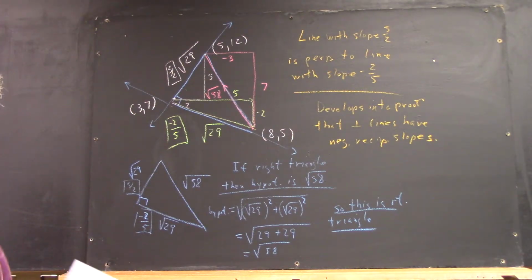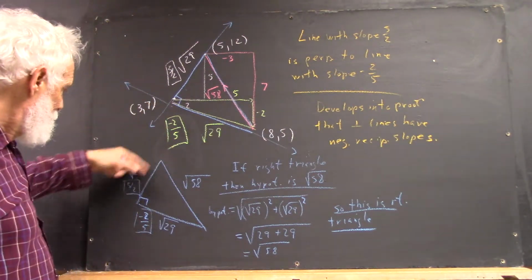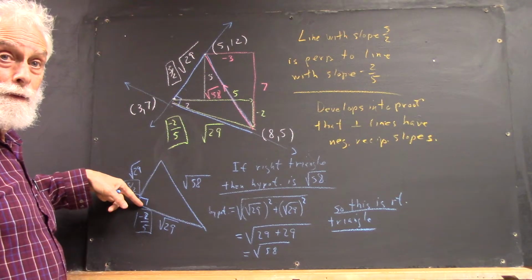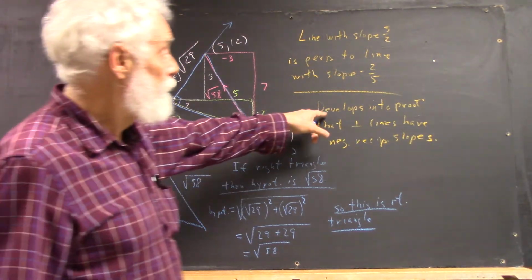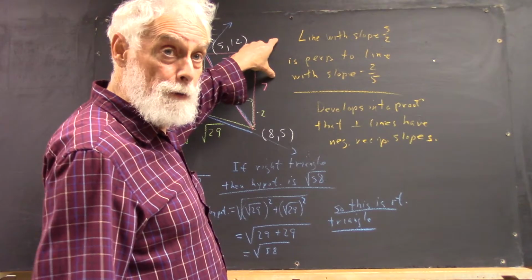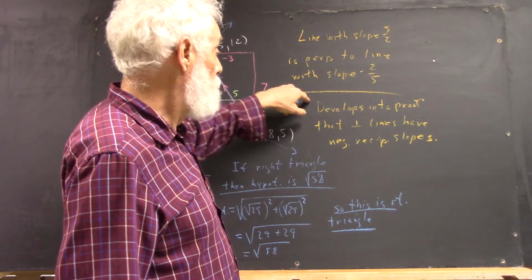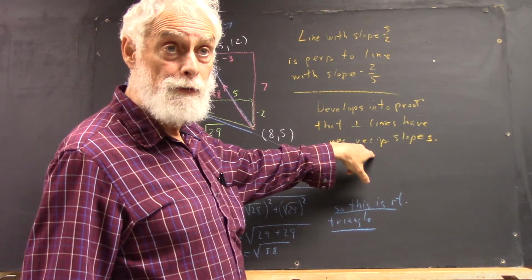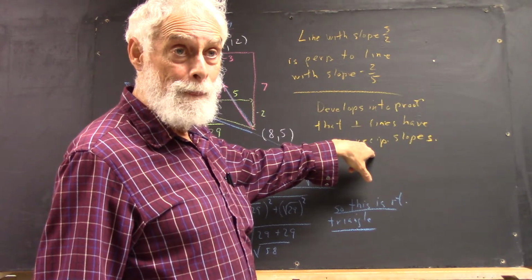This example here develops into a proof that perpendicular lines have negative reciprocal slopes, if you use symbols. Okay?